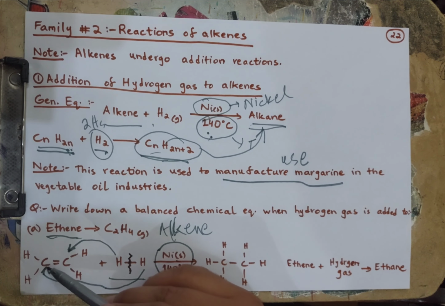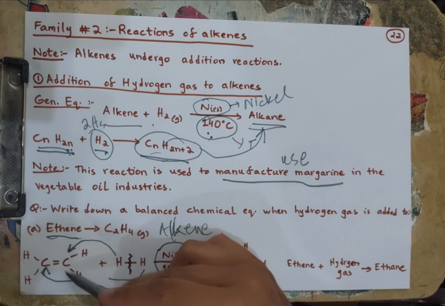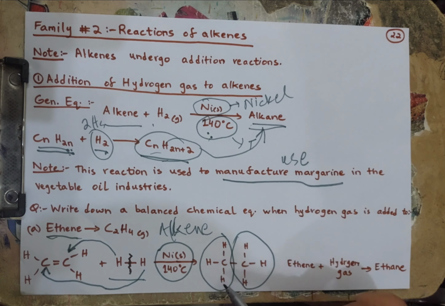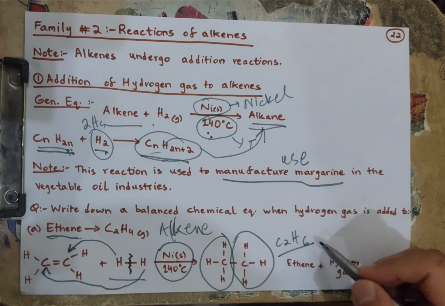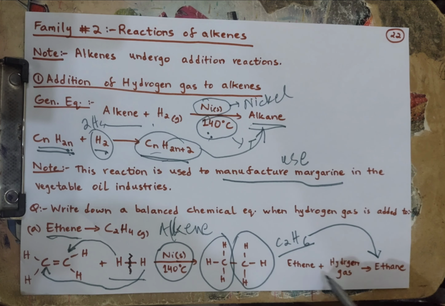So this carbon will have 3 H, and this carbon will also have 3 H. So what is formed? C2H6, which is ethane. So ethene plus hydrogen gas forms ethane.